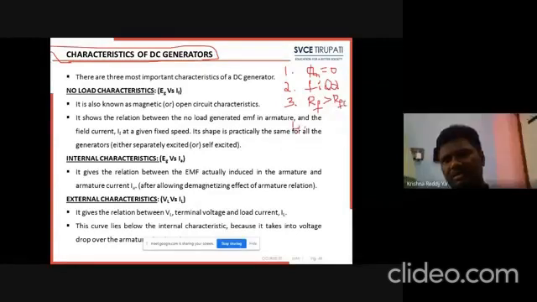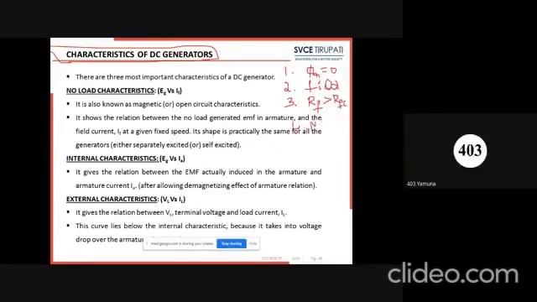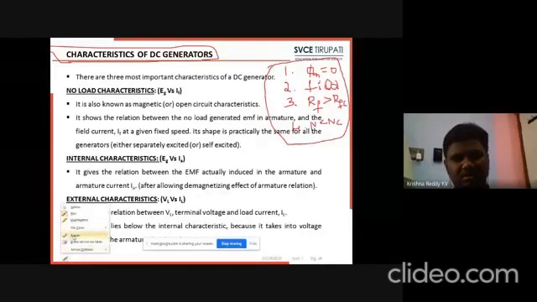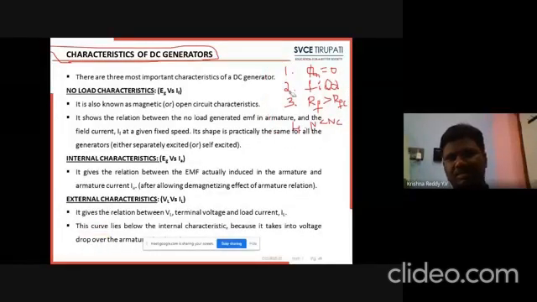The speed of the generator should be greater than the critical speed. These are the conditions required to build up the voltage. If any condition fails, we cannot develop the voltage. Now, with the help of these four conditions, we build up the voltage.